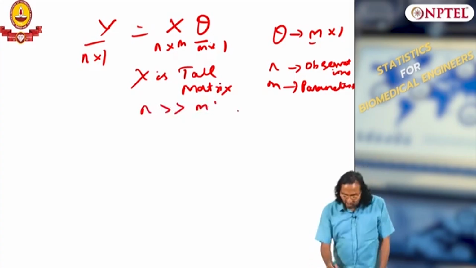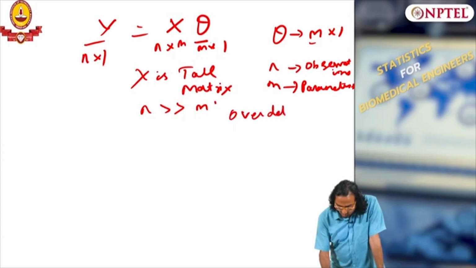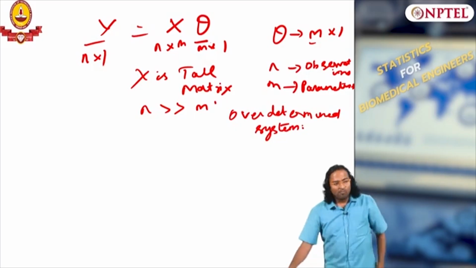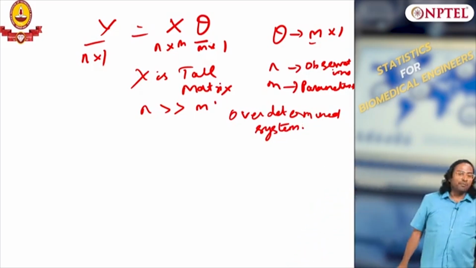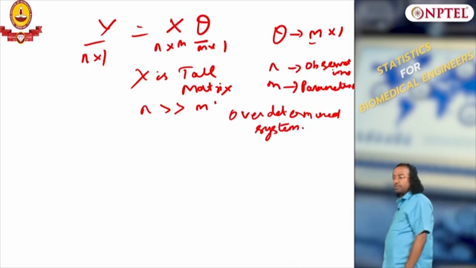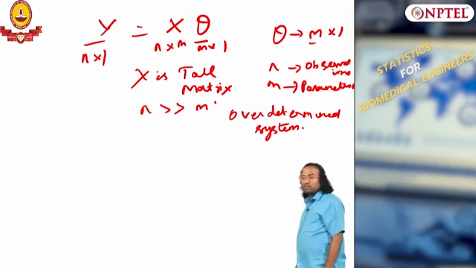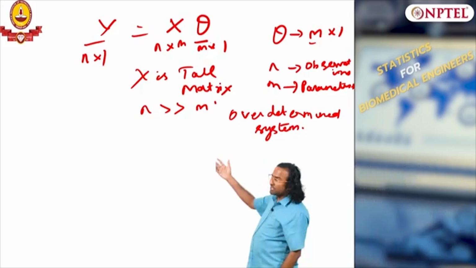We also call it an overdetermined system, meaning there are more equations compared to parameters.